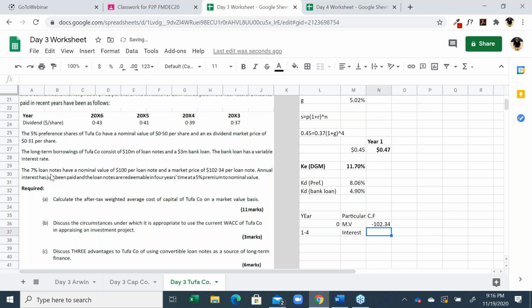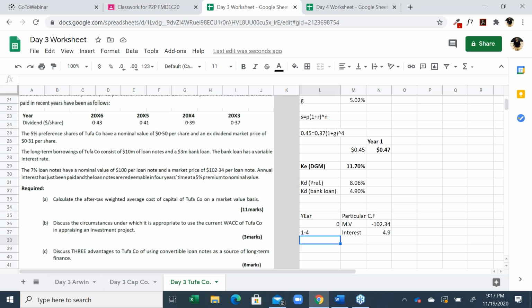So the interest is 7%, right? That's something that you will be receiving, so we should write it as a positive value from the investor's point of view. 7% of par value, and it should be net of tax. So take 7% of the par value to get the annual interest and make it 70% to get it net of tax. So it's $4.9 every year for 4 years.